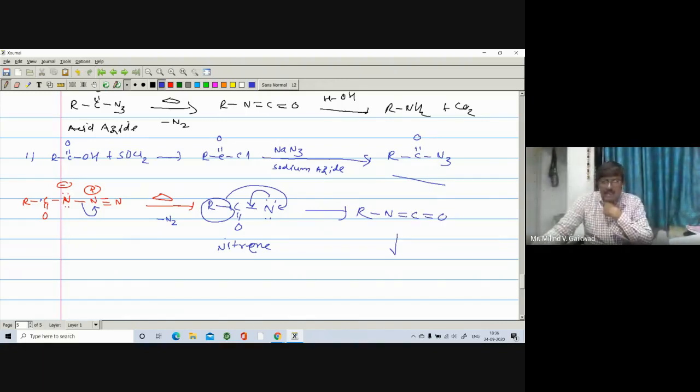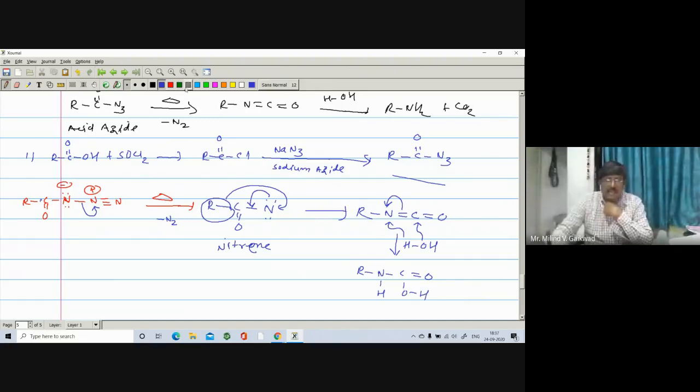Further, it reacts with either water or ethyl alcohol, and according to that you can get the corresponding product. N negative, C positive: H positive will attack this N negative, and OH negative will attack this C positive, and you are getting R, N, here is the C double bond O, attack of H, attack of OH.